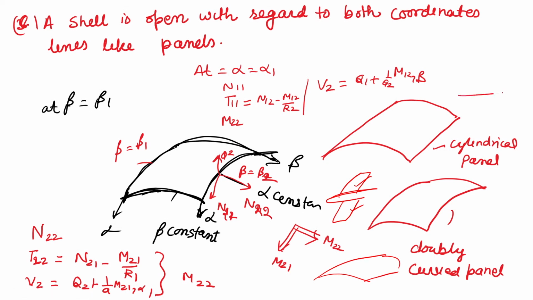If it is a closed, spherical dome, then it is different. But these days you see the roof of metro stations, a roof of a parking lot, a roof of a garden or greenhouse. They have this kind of panel system. So, you can apply the following boundary conditions on both edges.